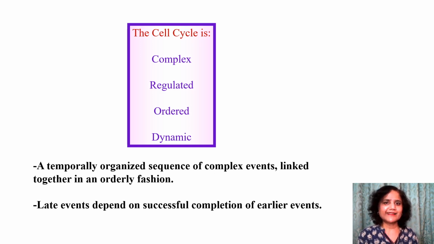So the cell cycle can be thought of as a highly complex, regulated, ordered, and dynamic process. It is a temporally organized sequence of events that are linked together in an orderly fashion. Late events in the cell cycle depend on successful completion of earlier ones.